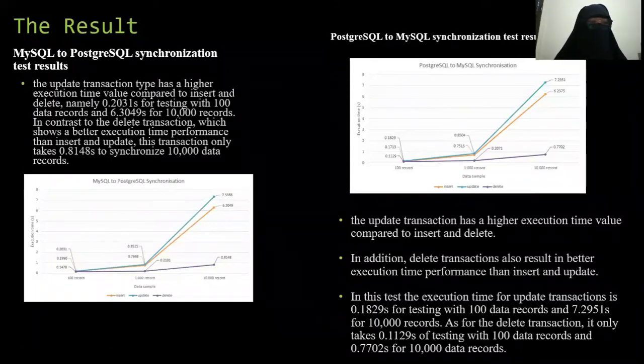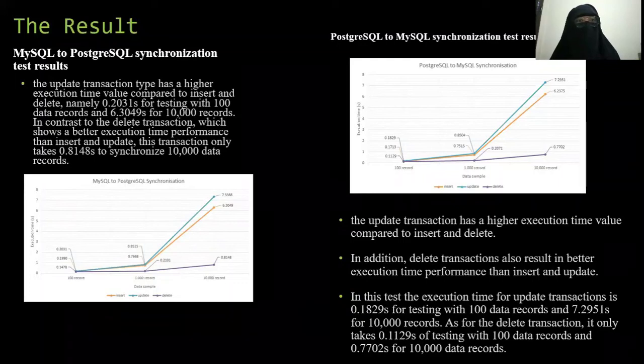the update transaction type has a higher execution time value compared to insert and delete. That is 0.2031 seconds for testing with 100 data records and 6.30 seconds for 10,000 records.